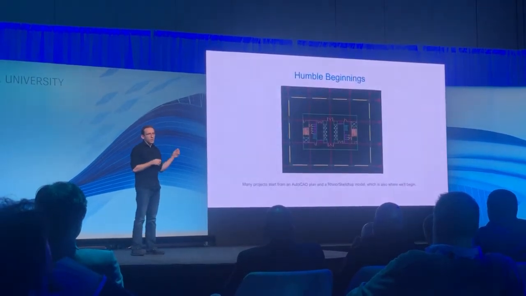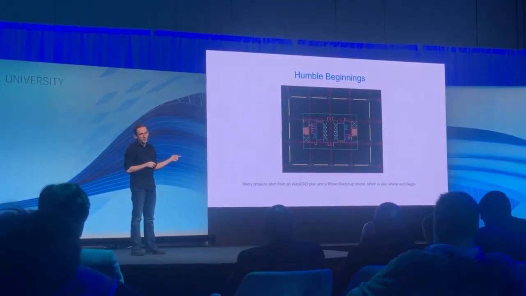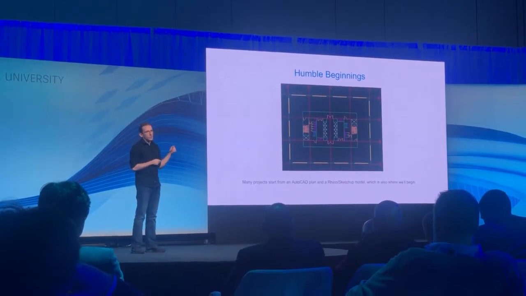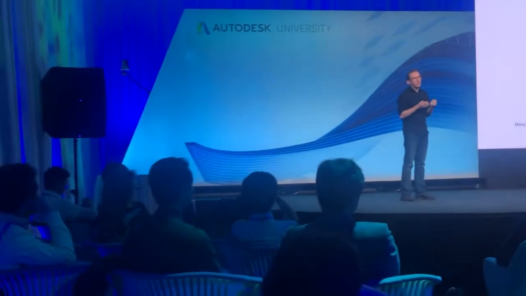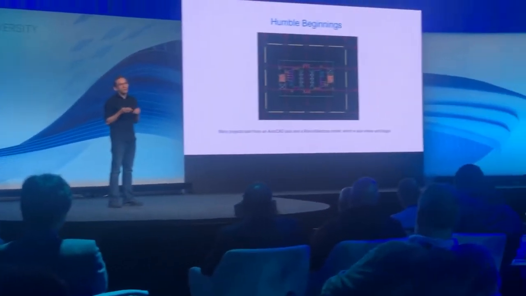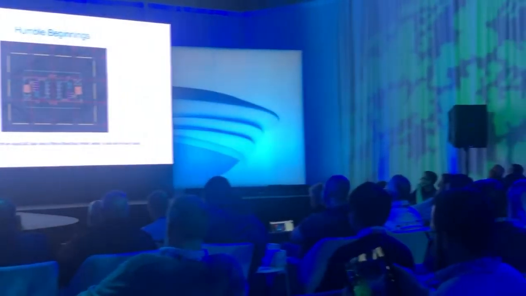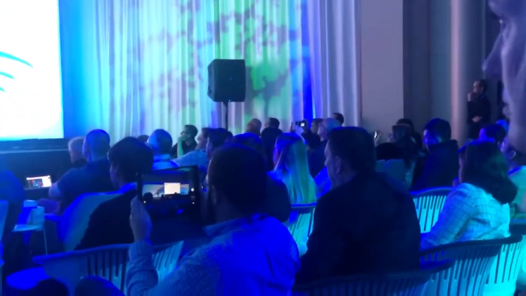So starting off, we have here a plan of a typical office building. As I mentioned, this project is started in AutoCAD, and we're going to take that model and use it to generate a Revit model. And thankfully, this process can actually be at least partially automated.